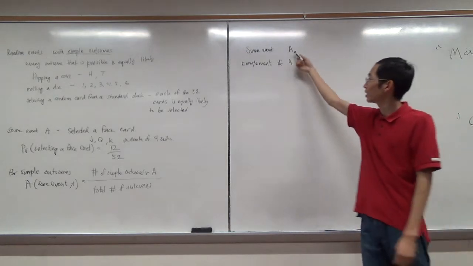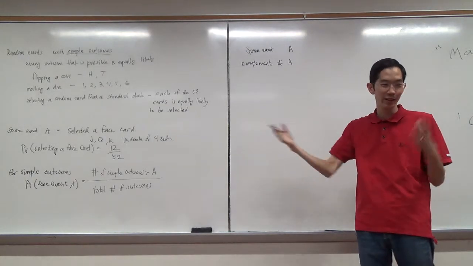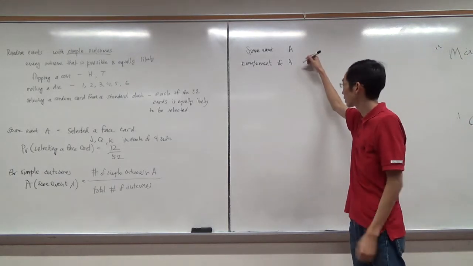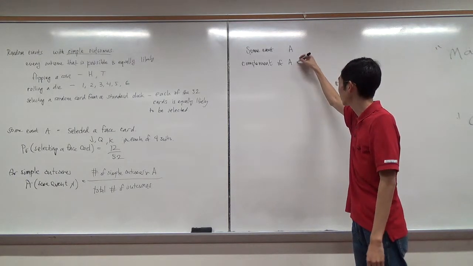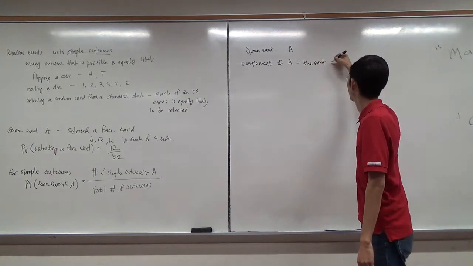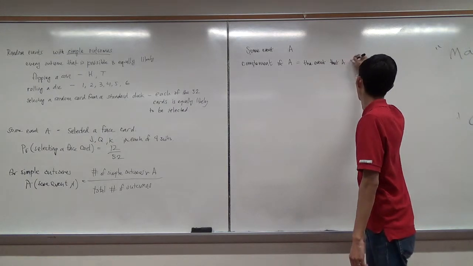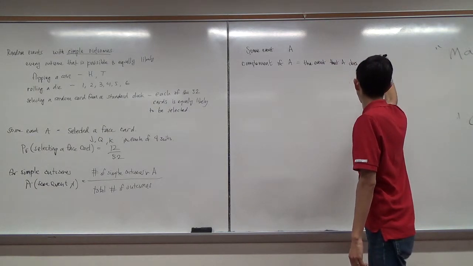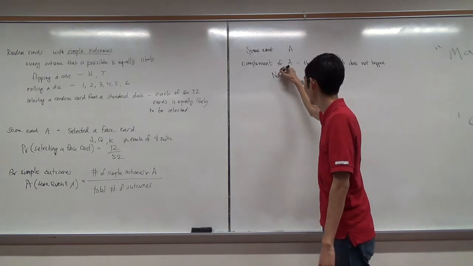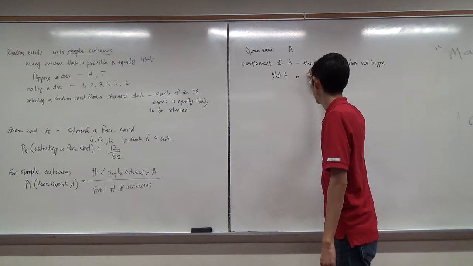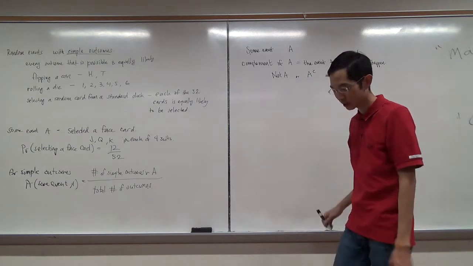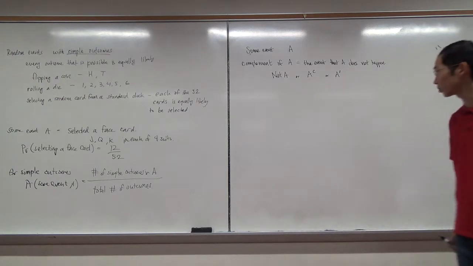Okay, so there's A and the complement of A. They complete each other, quote, quote, quote. So the complement of A is the event that A does not happen. Okay, so we often write this as not A, or A complement, or A prime. Okay, these are just different notations for the same thing.